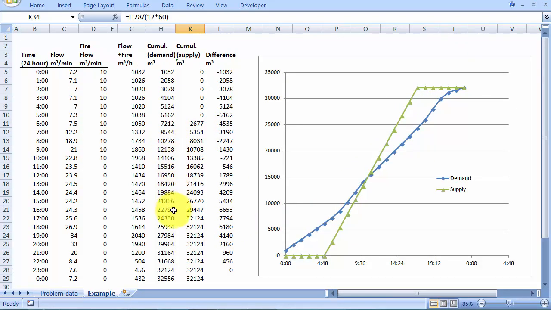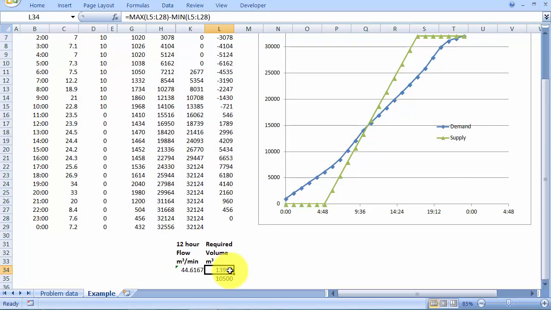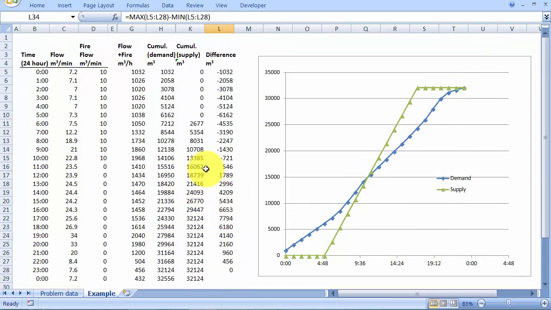We don't necessarily have the same max minus min value that we were working with before, because the addition that we have here, this climbing section of the demand, is assuming that the fire demand will always start at the start of the day, which obviously isn't the case.